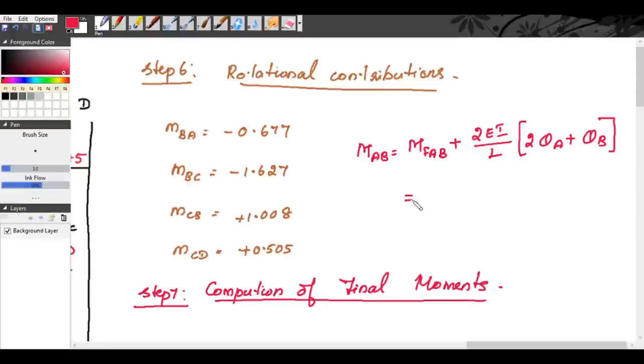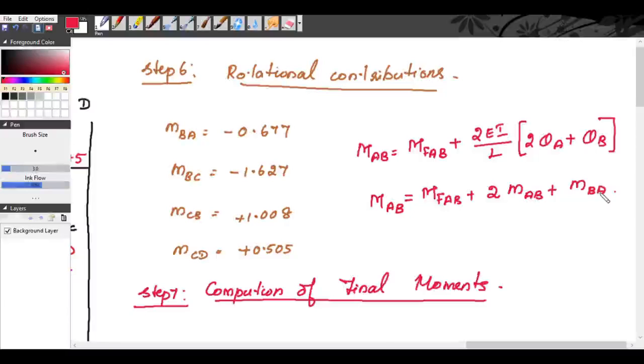So this equation we have rewritten as the fixed end moment of AB plus 2 times 2EI theta A by L, which is M AB, plus 2EI theta B by L, which is M BA. So our final moment MAB is equal to the fixed end moment plus 2 times the rotational contribution of A to the moment MAB plus 1 time the rotational contribution of joint B to the moment MAB.